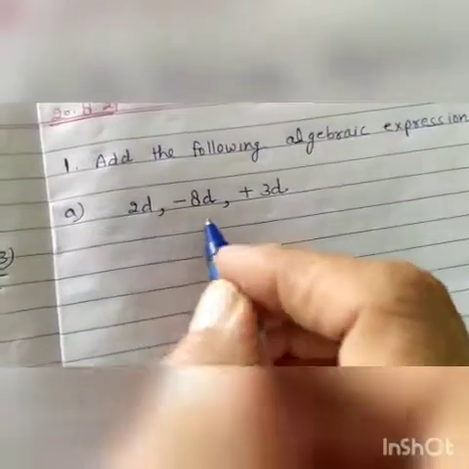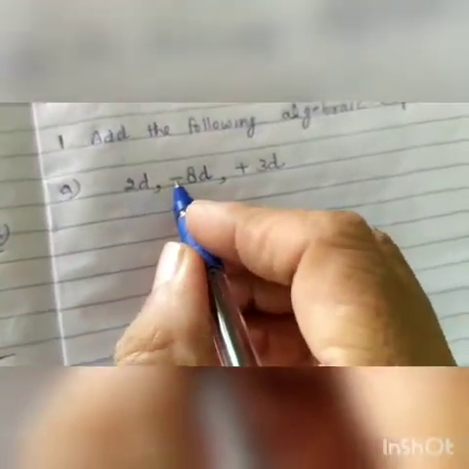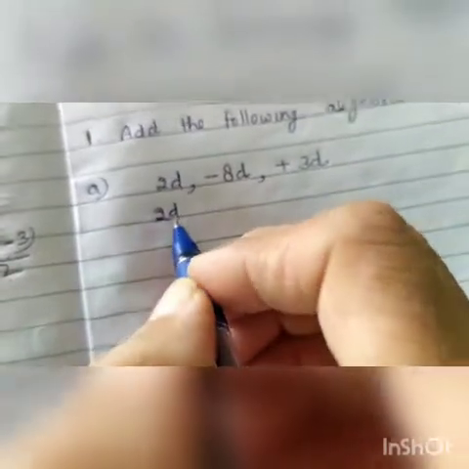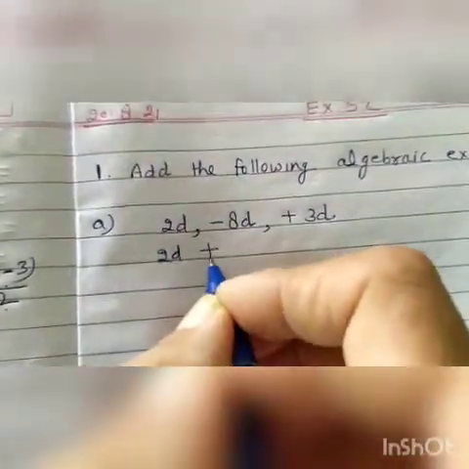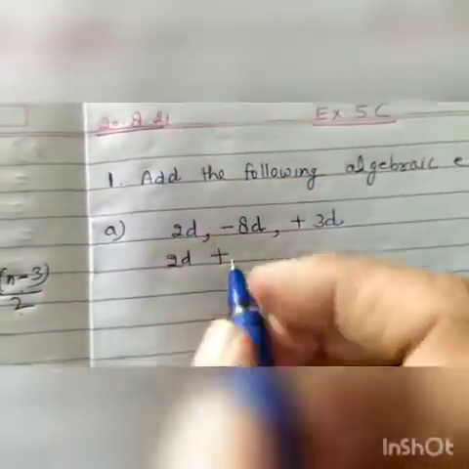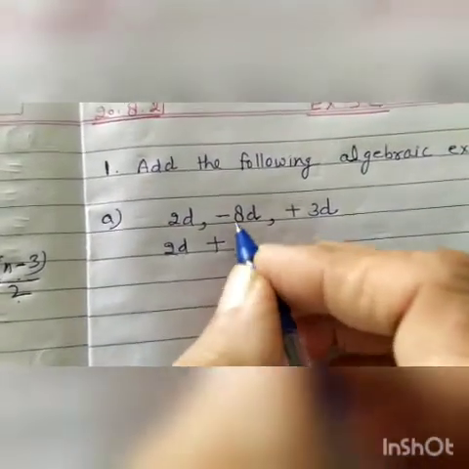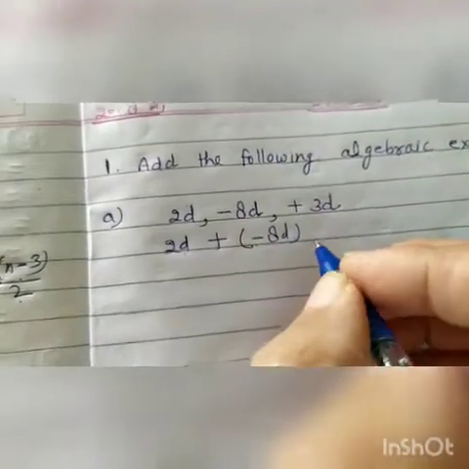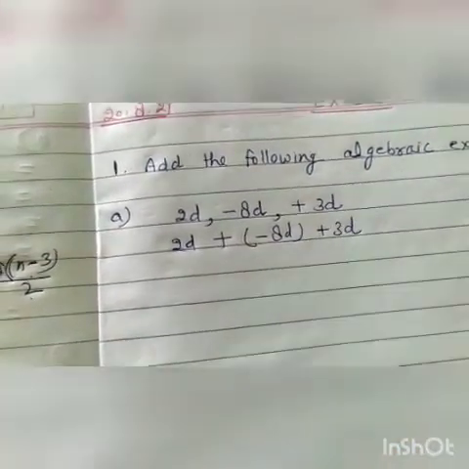I have written this question here: 2d, then minus 8d, plus 3d. First we will write this in this way because we have to add these monomials. First is 2d, then put a plus sign because we have to add, then this minus 8d will be written in a bracket, then plus 3d.